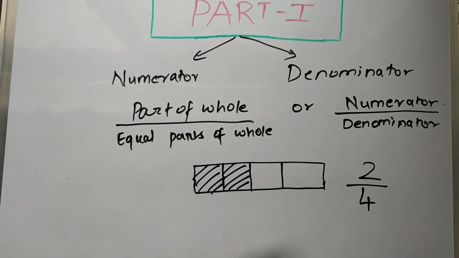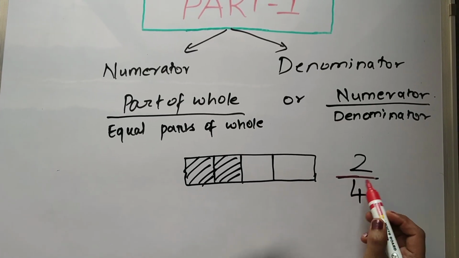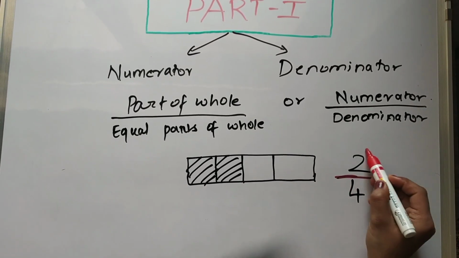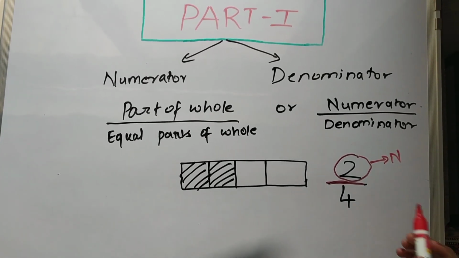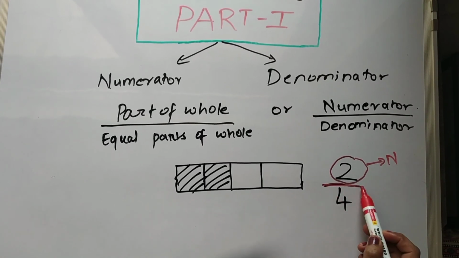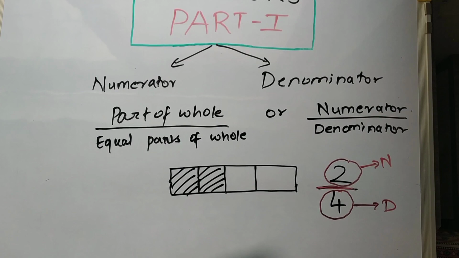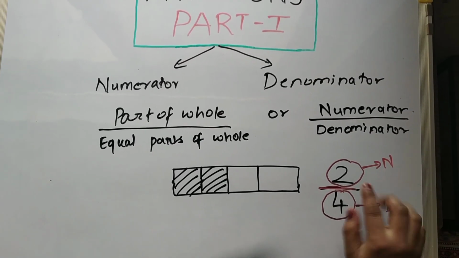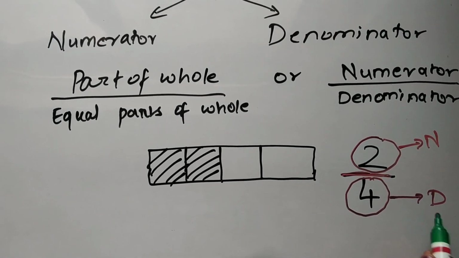Now, the number which is above the line or the number which is above the bar is termed as numerator, whereas the number which is below the line or below the bar is termed as denominator. So here 2 will be the numerator and 4 will be the denominator.